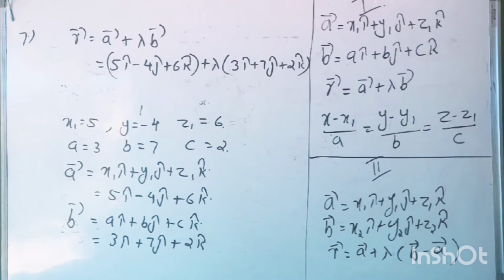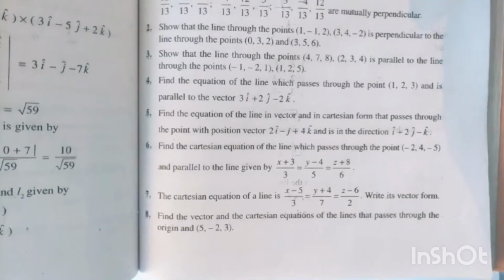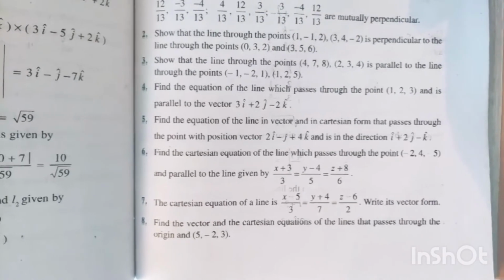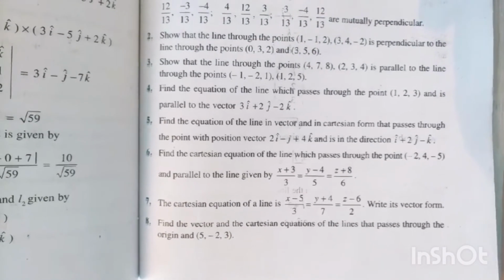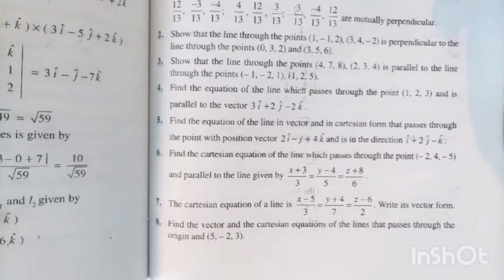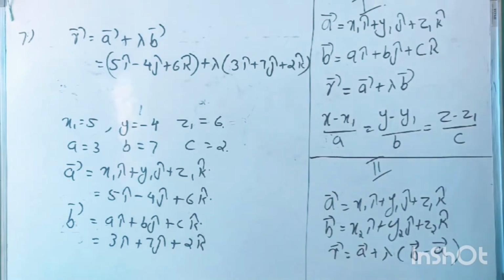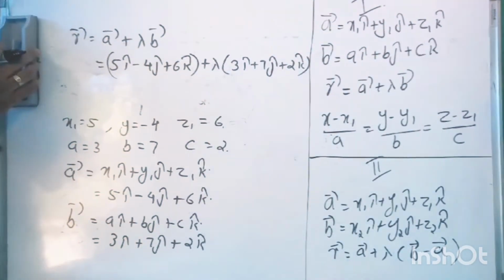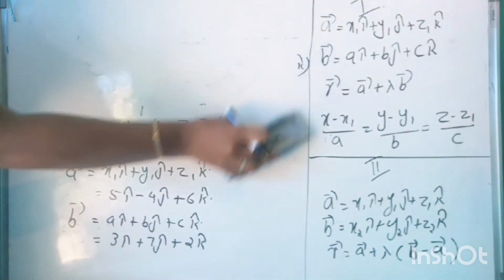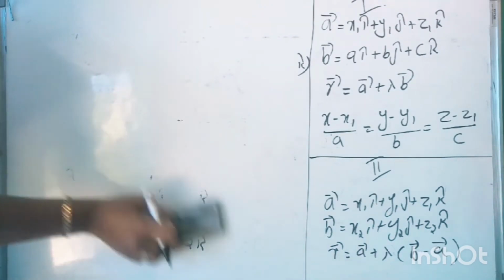8th question. Find the vector and the Cartesian equations of the lines that pass through the origin and the ordered triplet 5, -2, 3. This is in that second form because it is the line which passes through 2 points.